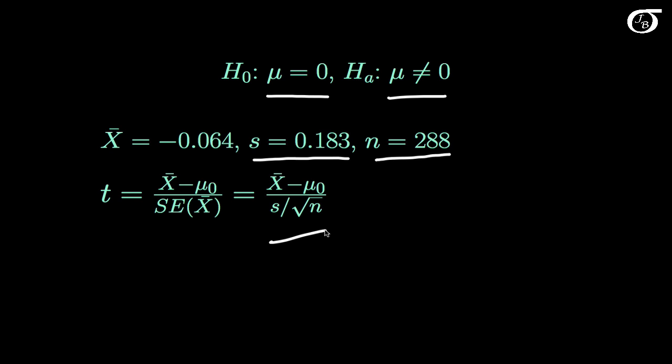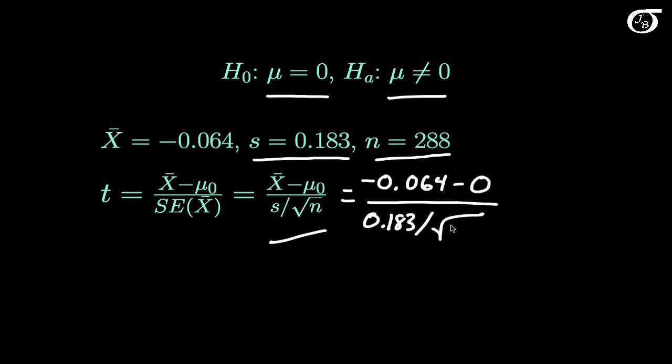This t-statistic is equal to, in this case, the sample mean of minus 0.064 minus the hypothesized value of 0, divided by the standard deviation over the square root of n. And this works out to minus 5.935.